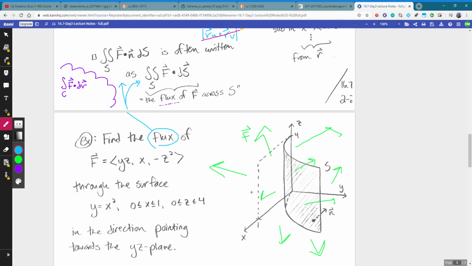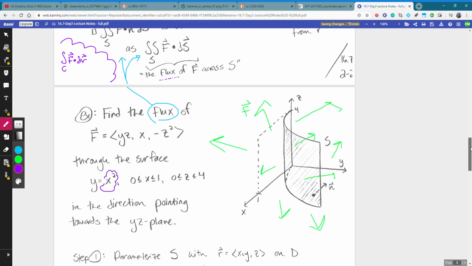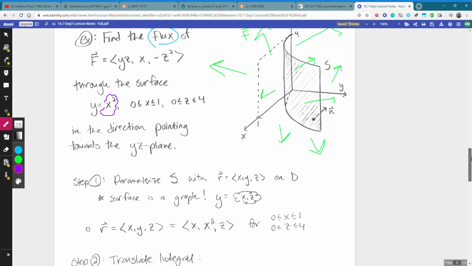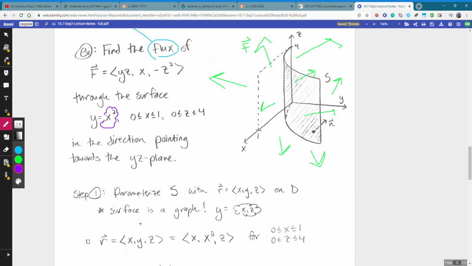All right, well, let's talk about this one here. So here, our surface is a nice clean graph of a function. Y is a function of x and z, and so we can take that formula and just plop it in where we see y in our parameterization.